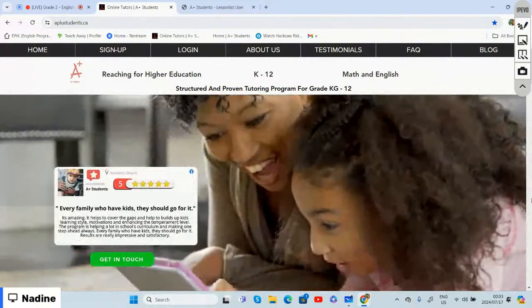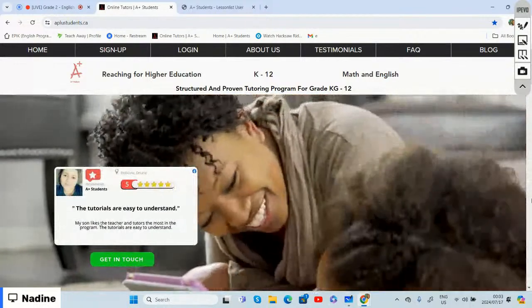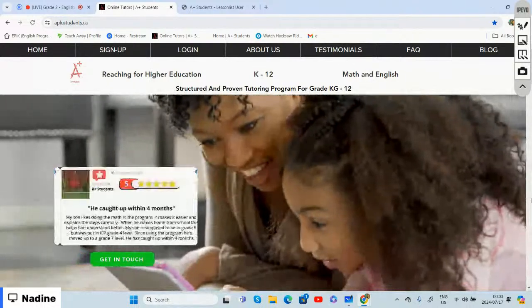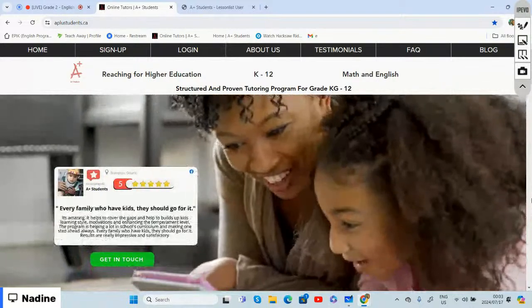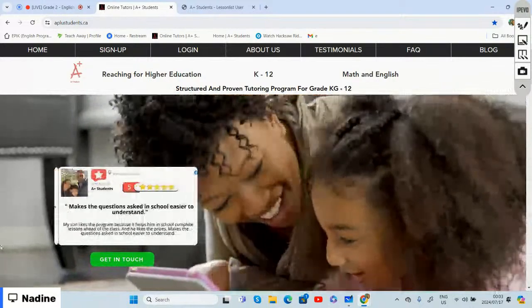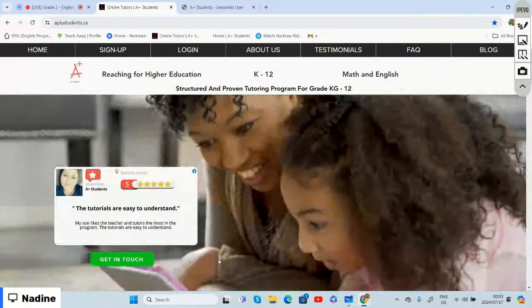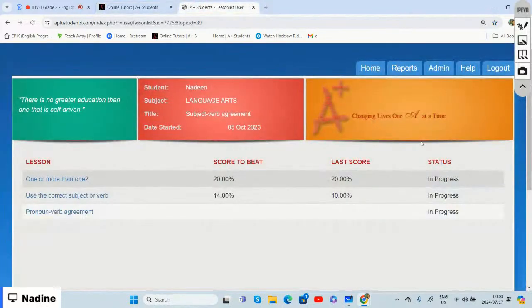Once you've logged on to aplusstudents.ca with our username as well as our password, we're going to select the subject of grade, we're going to grade 2, and then scroll down until we get to the chapter of subject verb agreement.